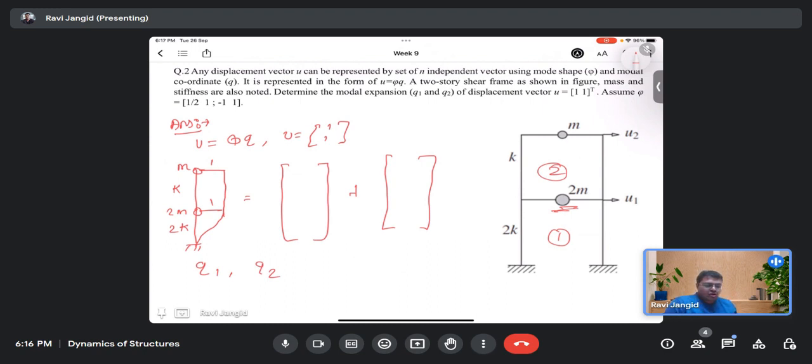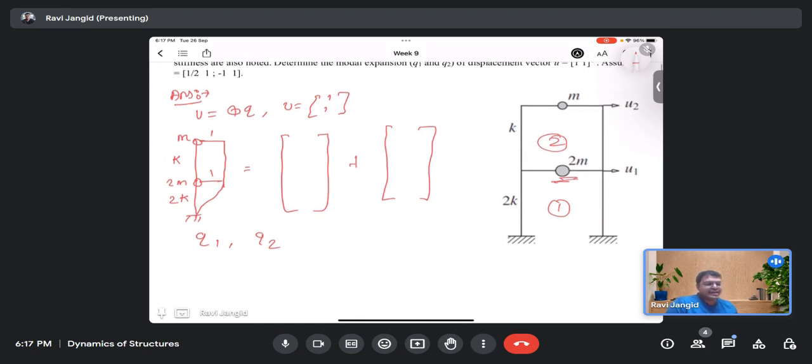Do you know how to find the modal expansion? If you go through the content of week 9, sir has discussed how to find the modal expansion factor.